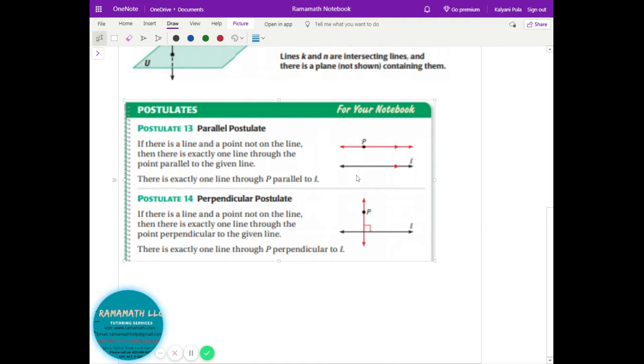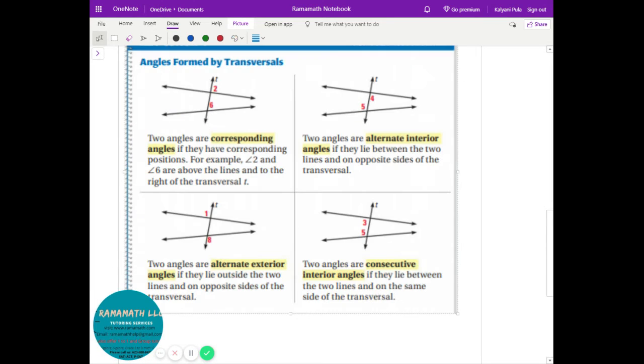So basically, if one line is there and there is another given point, you can draw only one line that is parallel to the given line. And same thing with perpendicular lines. With a given point and the line, you can draw only one perpendicular line. So that's called the perpendicular postulate, and this is the parallel postulate.